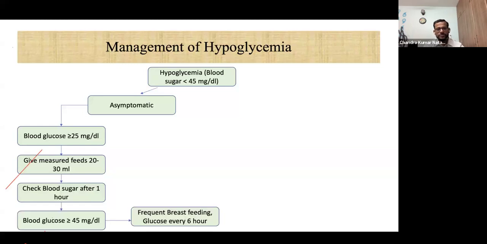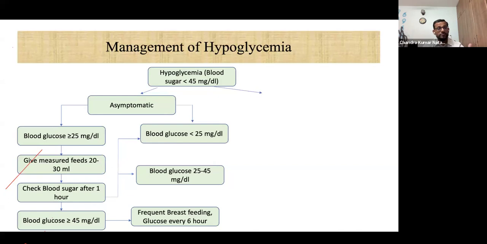If the blood sugar of the baby rises above 45, then this baby needs frequent breastfeeding, and glucose should be checked every 6 hours.